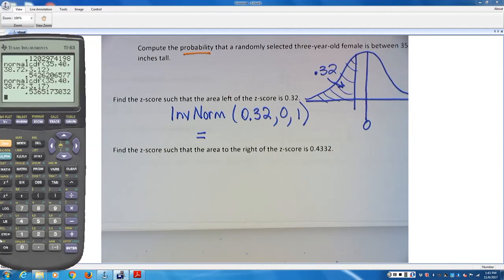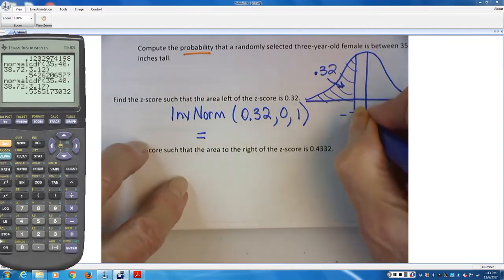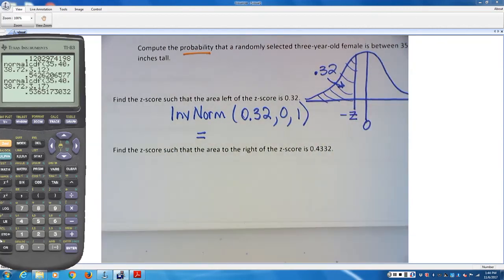And we're expecting that that z-score should be negative because it is below the mean. And it's negative 0.47.